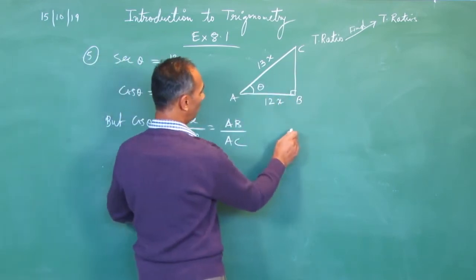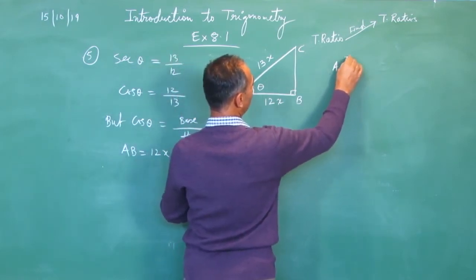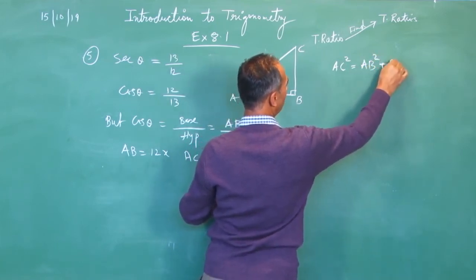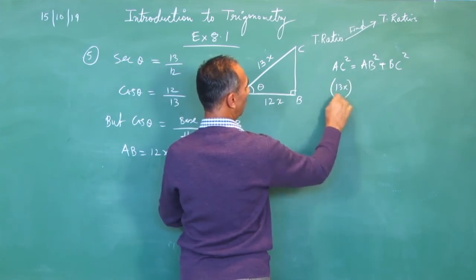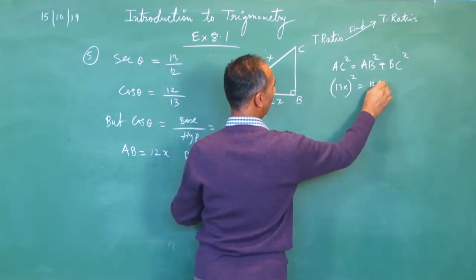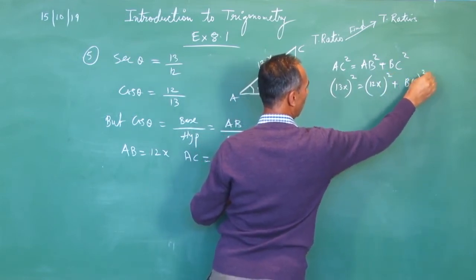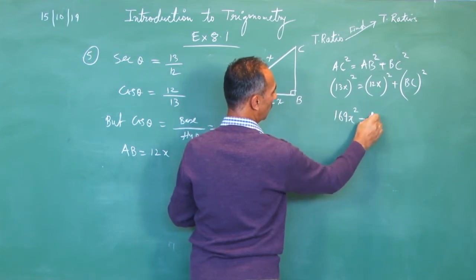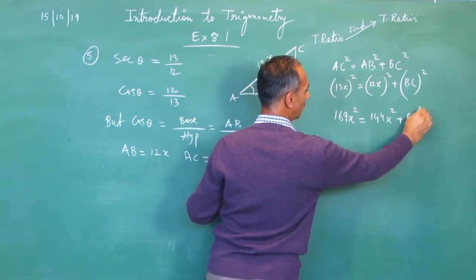When we apply the Pythagorean theorem, AC square is equal to AB square plus BC square. AC is 13x, so 169x square, AB is 12x, so 144x square, plus BC square.